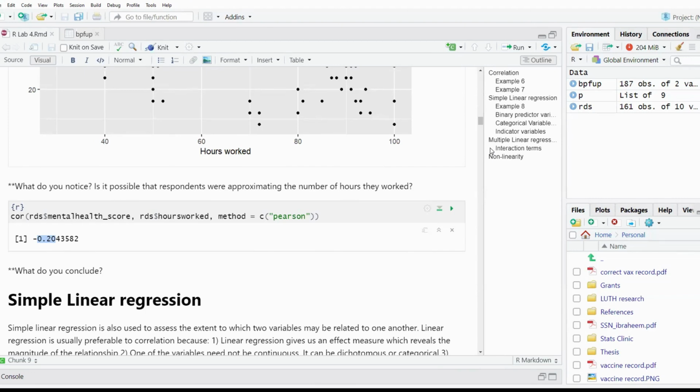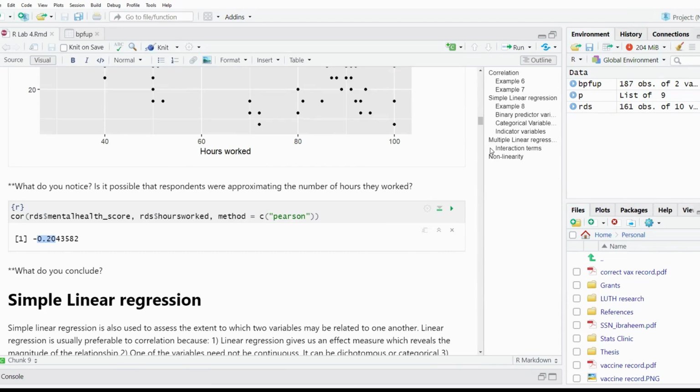That's one. So if we back up, we said that to do a correlation, you need two continuous variables, okay? And it doesn't matter which one is the exposure and the outcome, or which one is the predictor or the response variable. It doesn't matter for correlation.